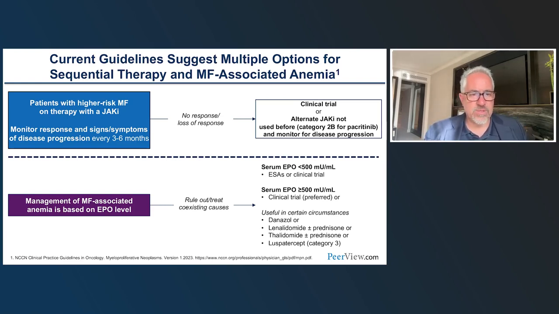So with patients with higher risk MF or on therapy with a JAK inhibitor, we can consider a clinical trial, things of this nature, but we've not had good alternatives for anemia. Now, in terms of managing anemia, if they're on a JAK inhibitor, we historically have pressed on through, despite the anemia.